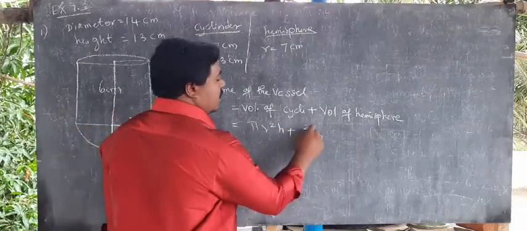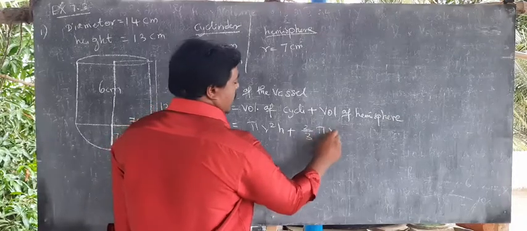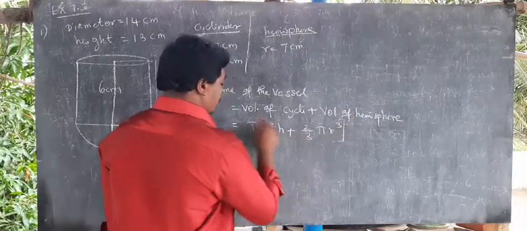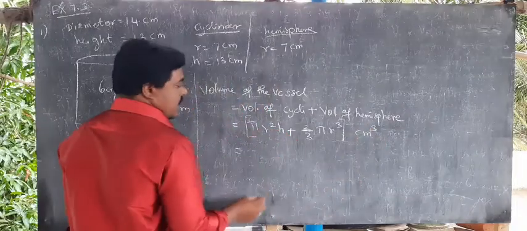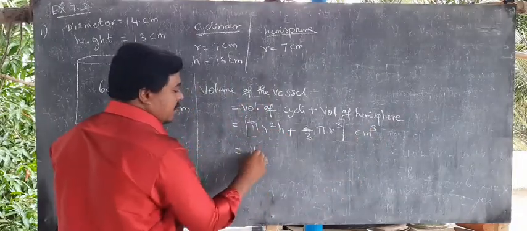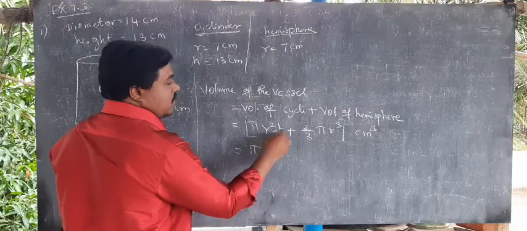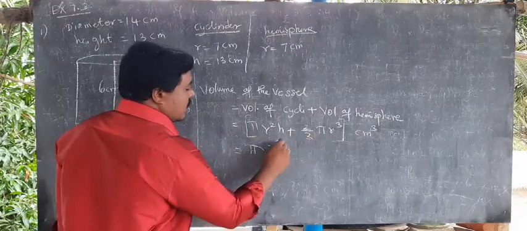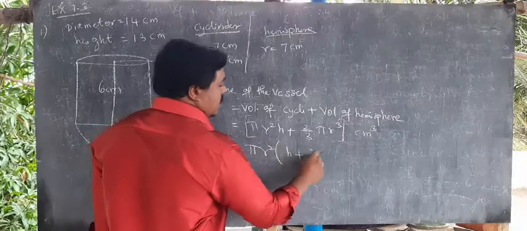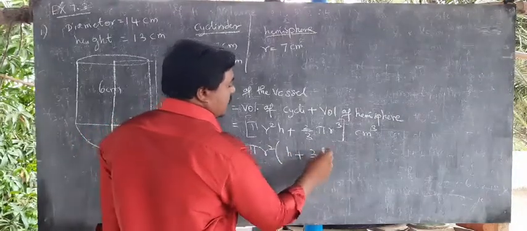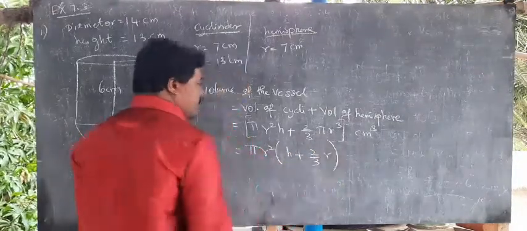Volume of hemisphere is 2 by 3 pi r cube. This equals, taking pi as common, r square as common. Remaining is h plus 2 by 3 r.